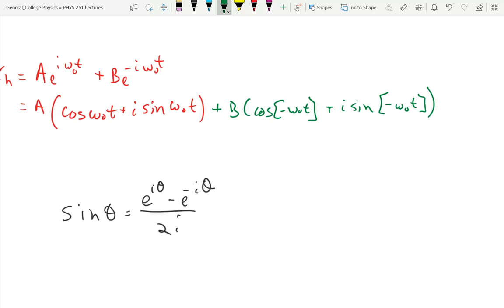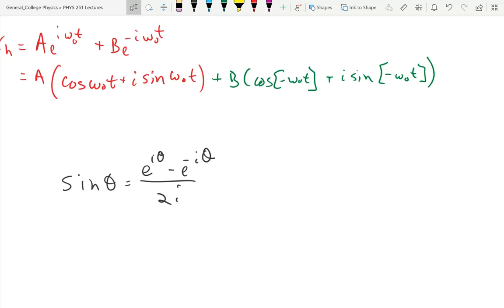When I worked with Nathan last year, I said that cosine is telling you about the horizontal part. And so it's symmetric whether you go up or down for the horizontal component. So cosine of minus omega t is exactly equal to cosine of plus omega t. And so I can rewrite this as plus b cosine of omega 0t.